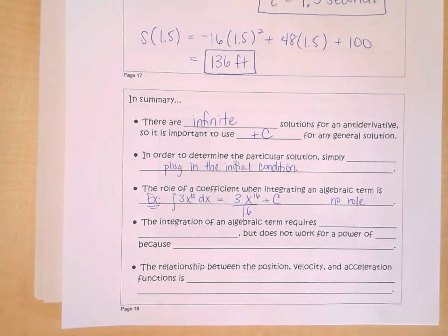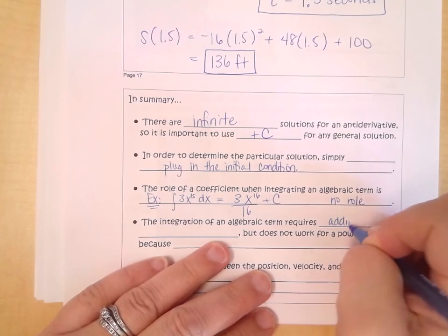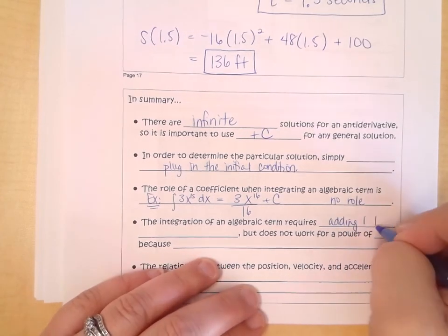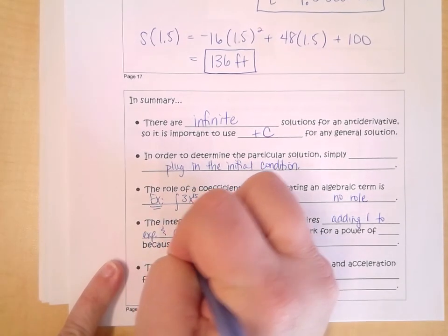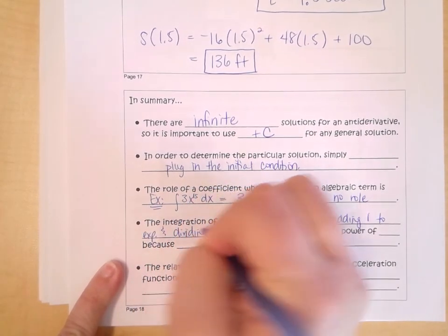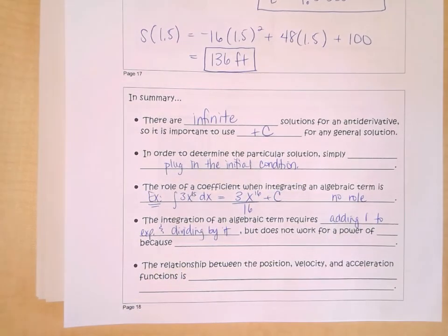The integration of an algebraic term requires blank, but does not work for the power of blank because blank. The integration of an algebraic term requires adding 1 to the exponent and dividing by it. But it does not work for the power of something.